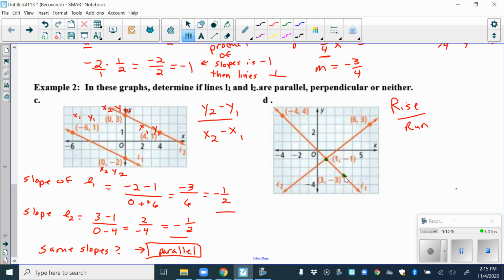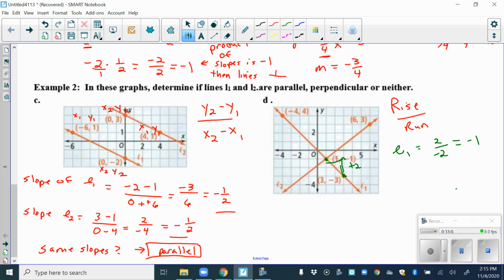If I go there, my rise would be up 2. So that's positive. So this is for line 1. I would have a positive 2 in the top, and then left 2 places would be negative 2 in the bottom. 2 over negative 2 reduces to negative 1.